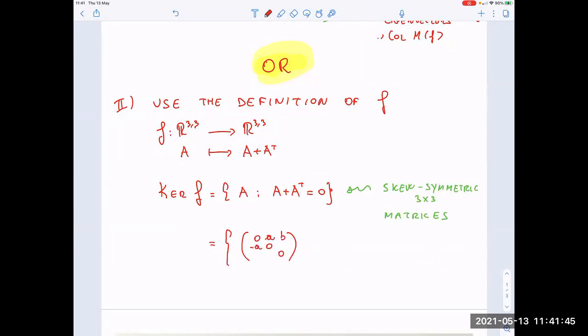When I put B here, I will put minus B there. And when I put C here, I will put minus C there, so that A, B, and C are real numbers. Now you see, I found the kernel completely. And so what is the dimension of the kernel?